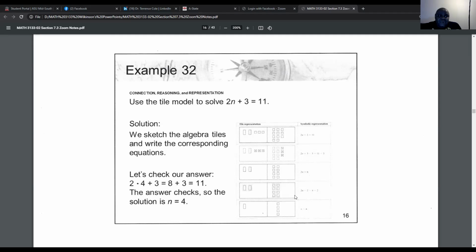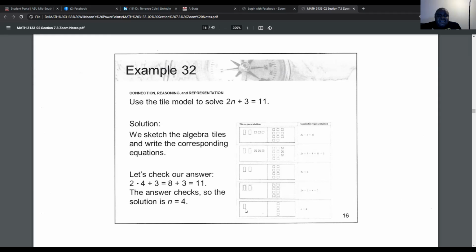And then this next one, we're going to divide by 2, okay? Because there are 2 n tiles here. We need to divide this evenly. That means we need to divide the right side evenly. So that way, each n tile will have the same number of tiles. So to divide this out evenly into 2 groups, each group will have to have 4 1 tiles for 1 n tile.